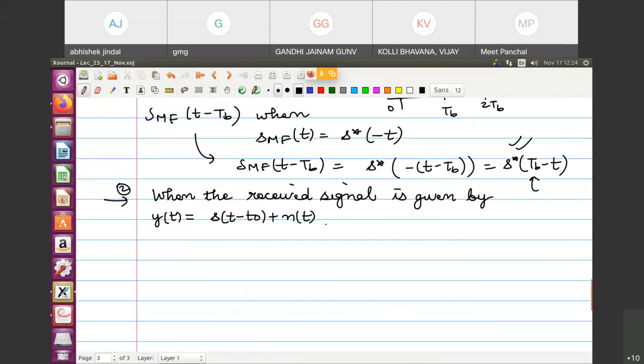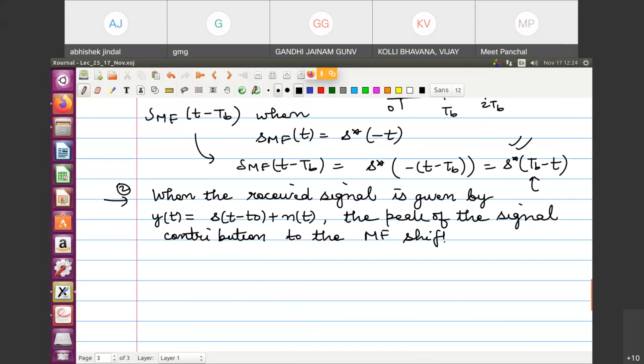plus N of t, the peak of the signal contribution to the matched filter shifts to t is equal to t naught.